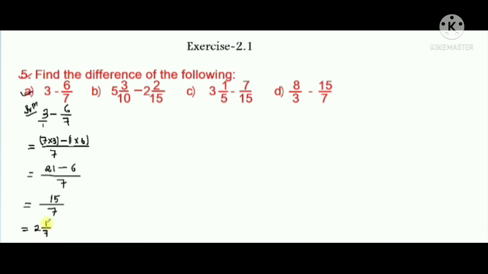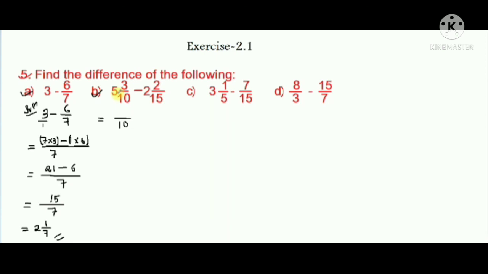So similarly number B is also the same, only here mixed fractions are given. So first we will convert these mixed fractions into improper fractions. See how: first you write the denominator, which is 10. So write denominator 10, then you multiply this 5 by 10, how much? 5 tens are 50, and after that you will add this 3.